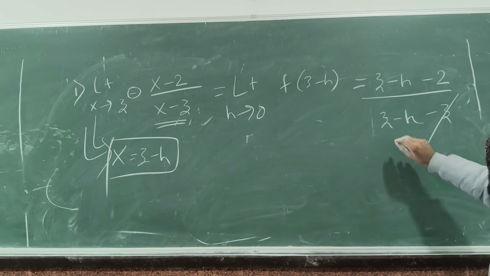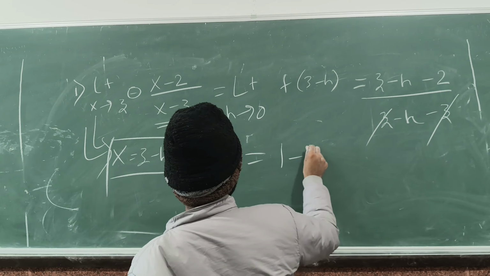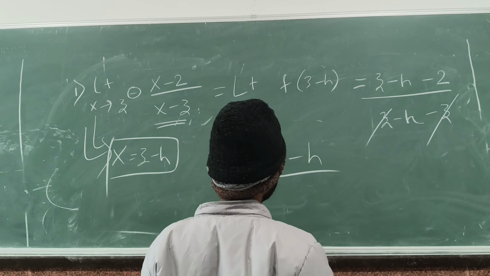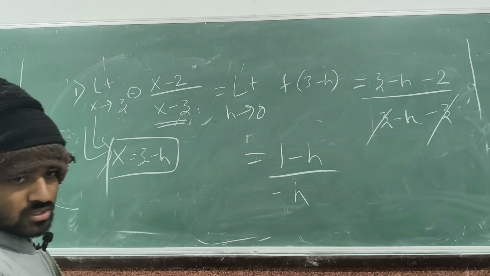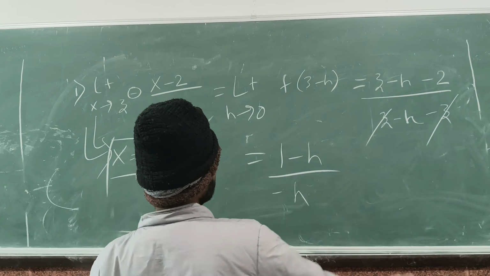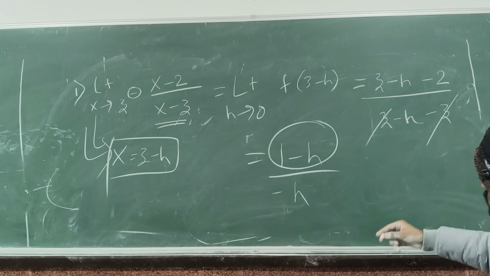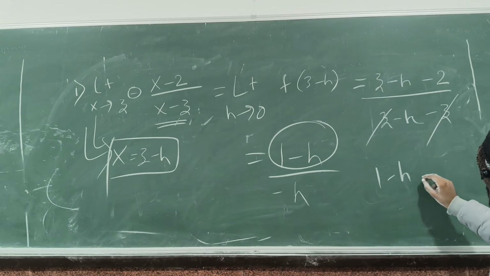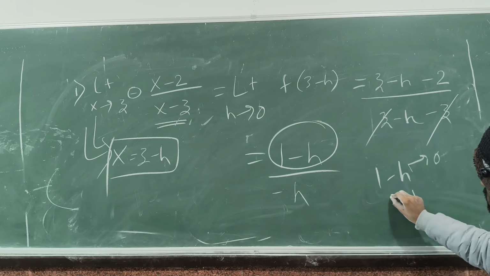So you can cancel the 3 in the denominator, giving 1 minus h by minus h. If you see this, 1 minus h in the numerator, h is tending to 0, so 1 minus h tends to 1.